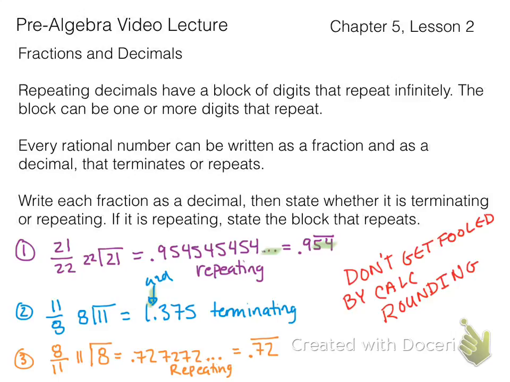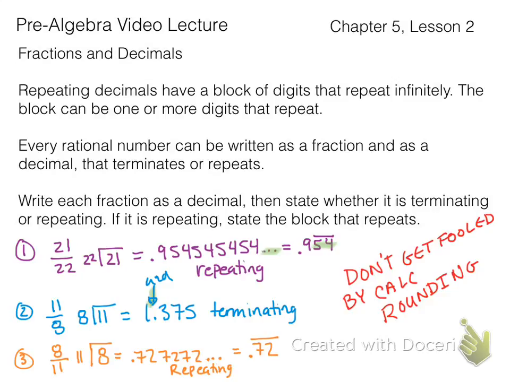If you look at your calculator when you're doing this and you have a pattern that stays steady for several blocks, like 72, 72, 72, 72, 72, and then you randomly have a 3, that just means that your calculator rounded and that there actually isn't a terminating decimal. Just because the pattern stopped on your calculator just means that your calculator has rounded. Don't get fooled by that. The pattern is still consistent.